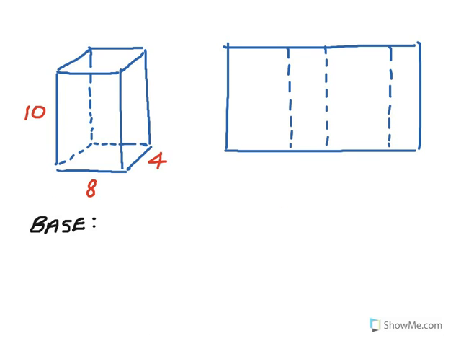Okay, so let's use an example of a rectangular prism that has a rectangular base that's 8 by 4 and a height of 10, and let's find the lateral area, total area, and volume of these. So first we want to find, with respect to the base, remember we want to find the perimeter of the base.